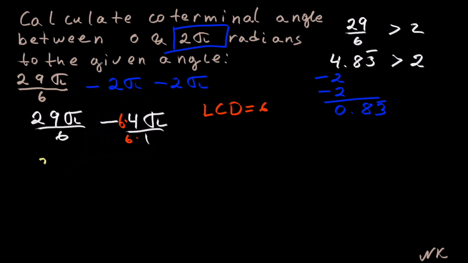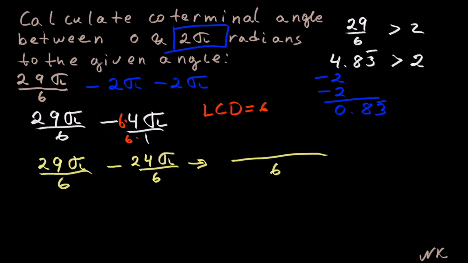So now we have 29 pi out of 6 minus 6 times 4, we have 24 pi out of 6. We can combine these two fractions under a common denominator of 6. The first fraction had 29 pi and the second fraction had negative 24 pi.